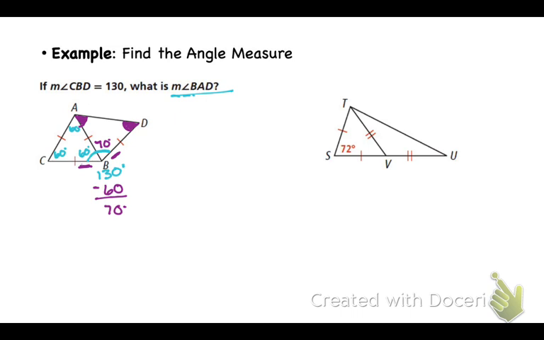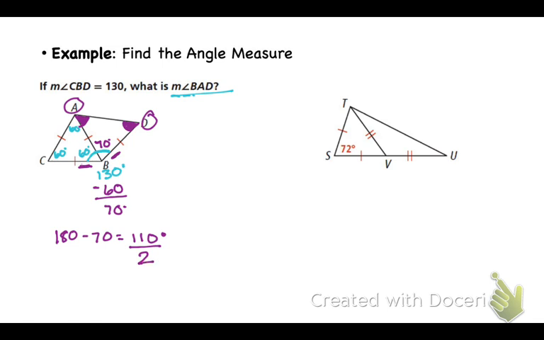And I know these two are equal. So how am I going to find them? 180 minus 70. I'm going to take 180 minus 70, because that gives me the remainder, what I have left, right? Which is 110. And I know that A and D are congruent, so they have to share that. So I have to divide it by what? 2.